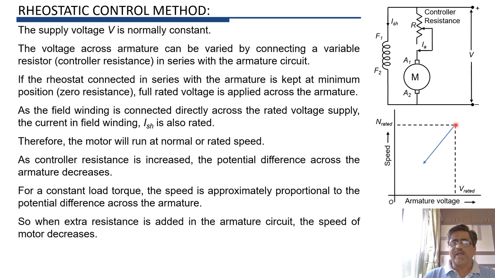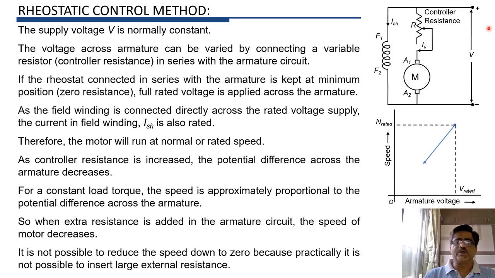So at rated speed this resistance is minimum. When the resistance is increased, voltage across armature will reduce and speed of the motor will also reduce. So speed goes on reducing as controller resistance is increased.